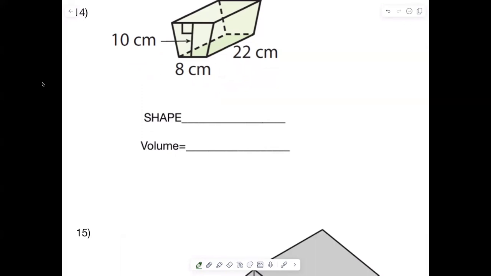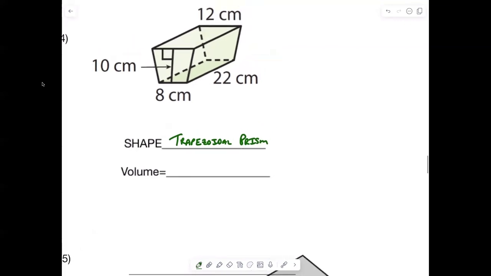What is the base shape again? Trapezoid. So we call it a what kind of prism? Trapezoidal prism. That's not that hard. Trapezoidal prism. All right.